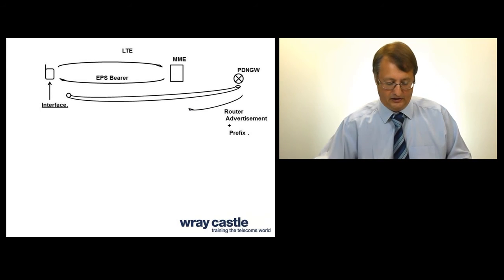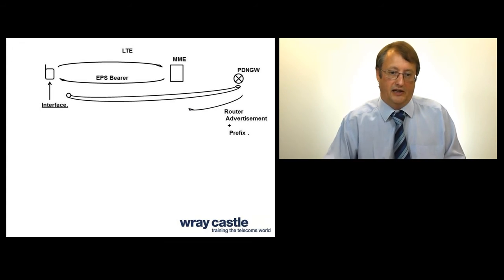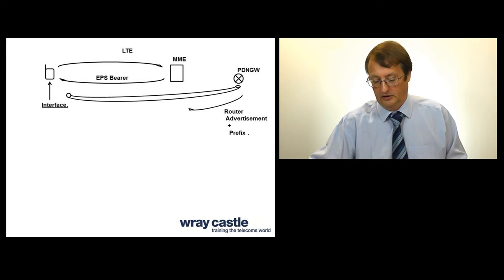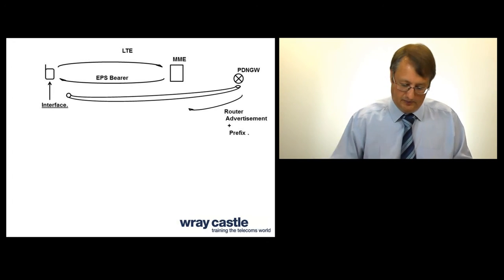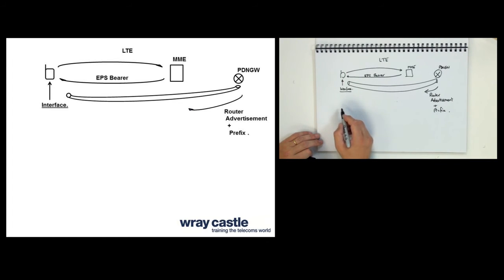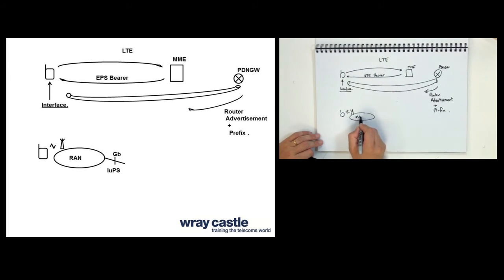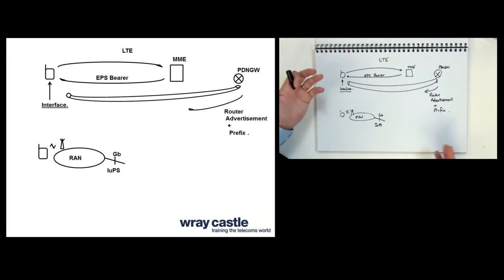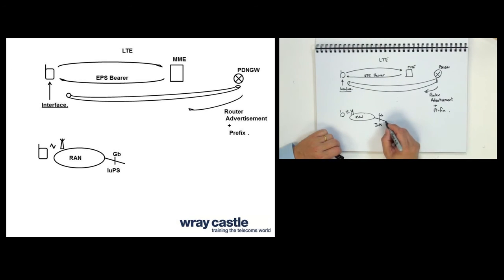There's a couple of other variants. If you go back through history, I could go back through UMTS and GPRS, where we'll see signaling messages which will actually allocate you an IP address in a very similar way to DHCP. I suppose if we did go back in history a little ways, and look at the mobile architecture over the radio access network, we would see in GPRS a Gb interface, or an IuPS interface if you're talking about UMTS, and that will then be terminated by an SGSN.